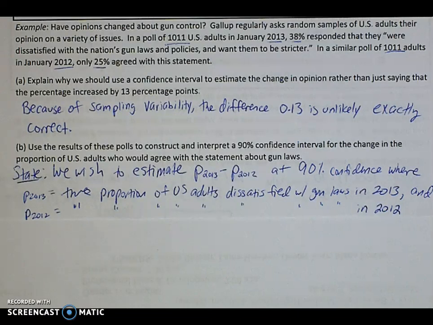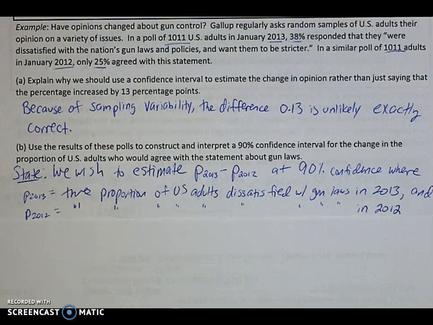So P sub 2013 is going to be the true proportion of U.S. adults that were dissatisfied with gun laws in 2013, and on the same vein, P sub 2012 is going to be the true proportion of adults that were dissatisfied in 2012. So we need to make sure we define each parameter as well as state the level of confidence that we are doing for our confidence interval.